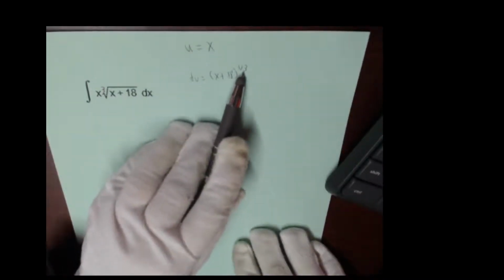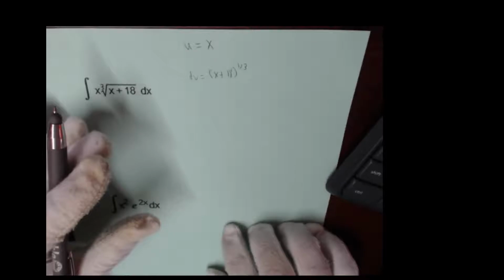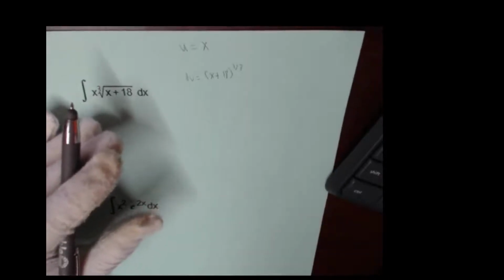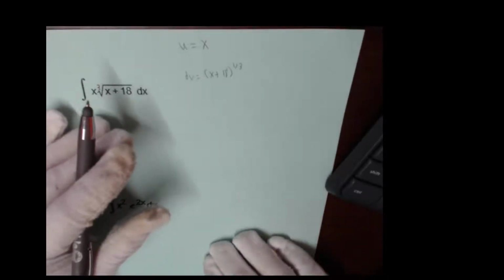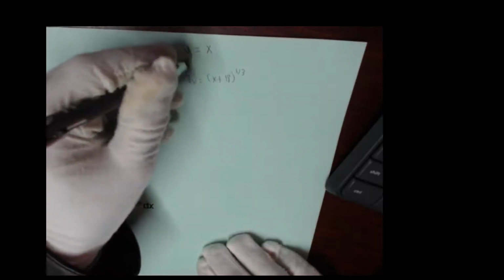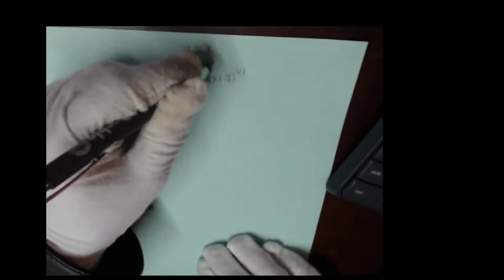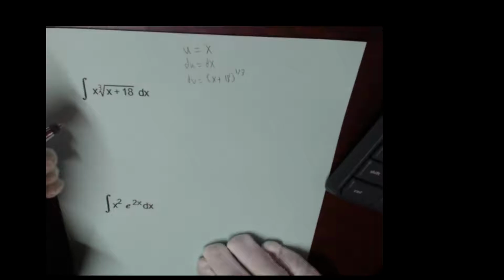And again, if that was a square root, it would be a half instead of a third. So the only difference if it had been a square root is a half instead of a third. All right, so that means du is equal to 1 dx, or I'm just going to write du equals dx.